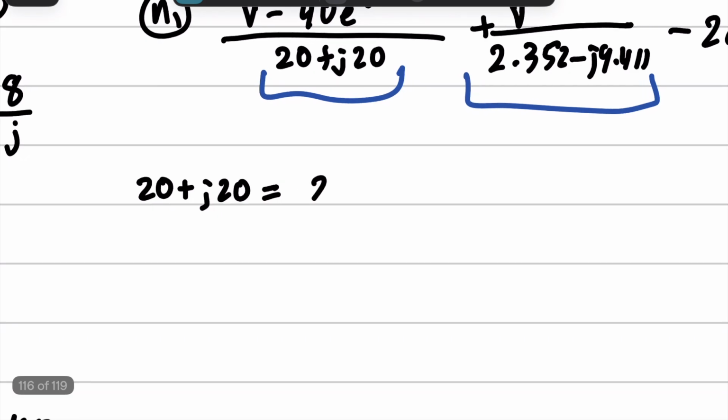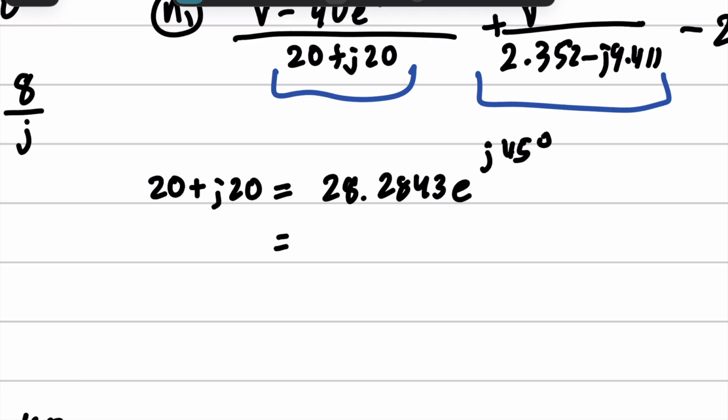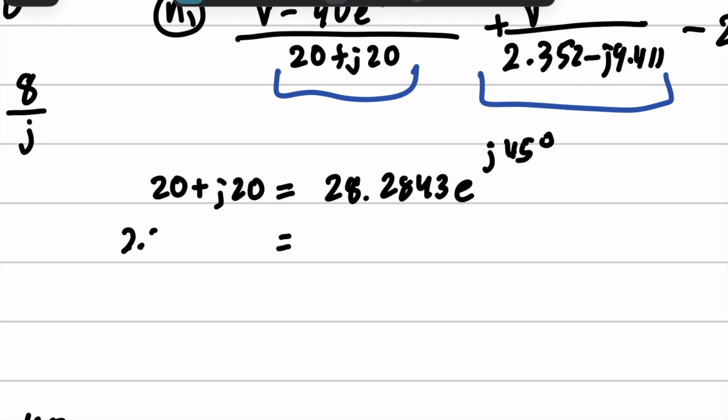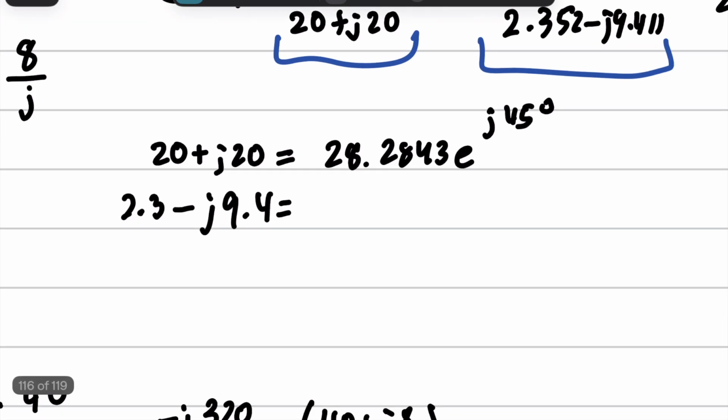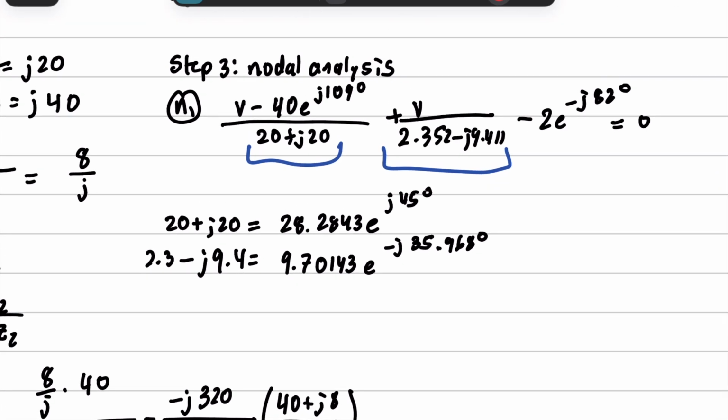So you're going to get 28.2843e^(j45°). And this one, 2.3 minus j9.4, is going to equal 9.70143e^(-j35.968°). And these are going to be plugged back in here.